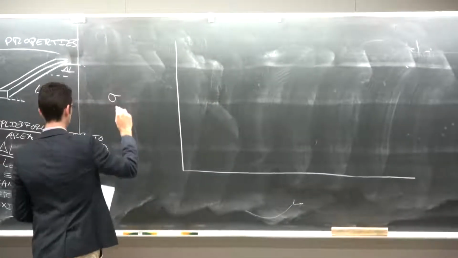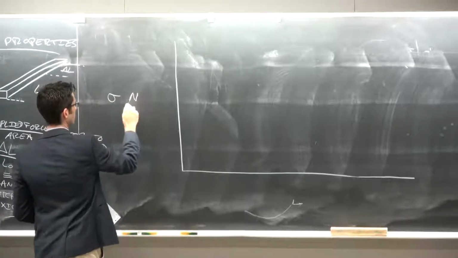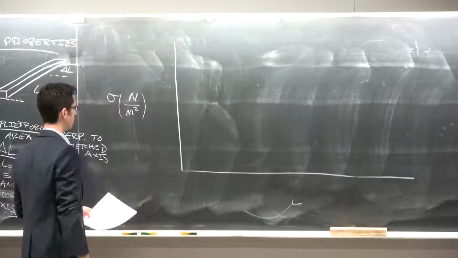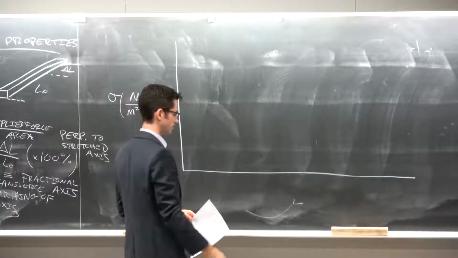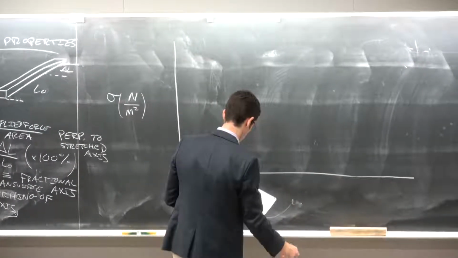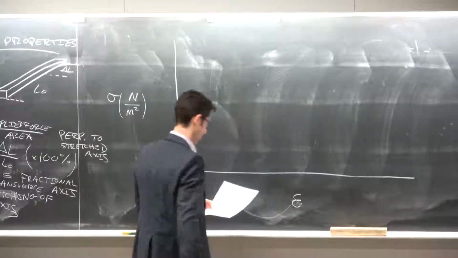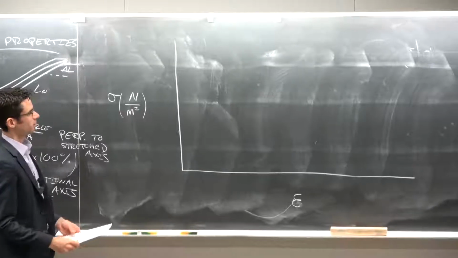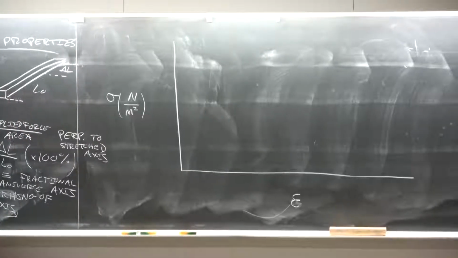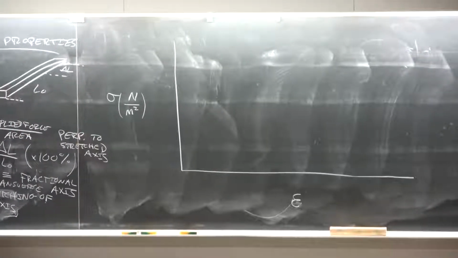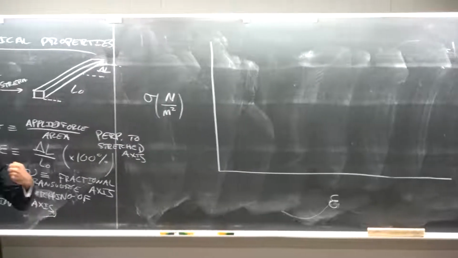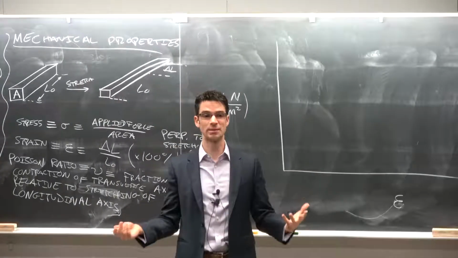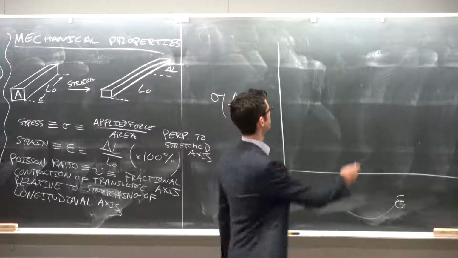So what we are going to do is plot a generic stress strain curve in pascals, or newtons per square meter, as a function of strain. Now, what happens as we pull apart a polymer sample, suppose this is a semicrystalline polymer sample?